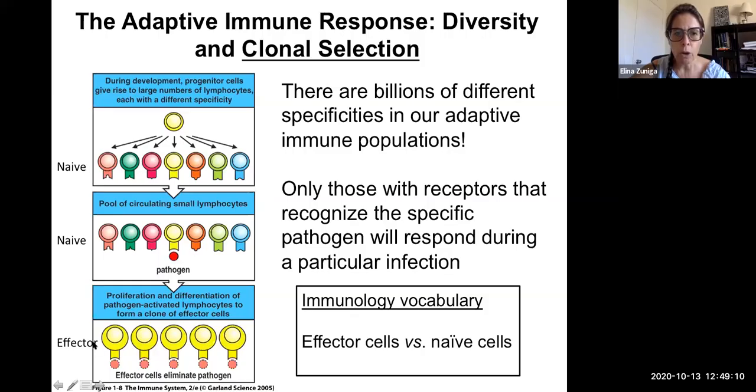So at the time we see the pathogen, we only have naive lymphocytes in very low frequency of specificity for the pathogen. But after a week, we have many cells of the adaptive immune system specific for the pathogen that now are effectors because they have acquired the capacity to execute their functions.